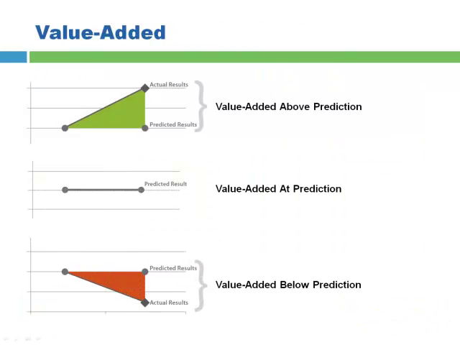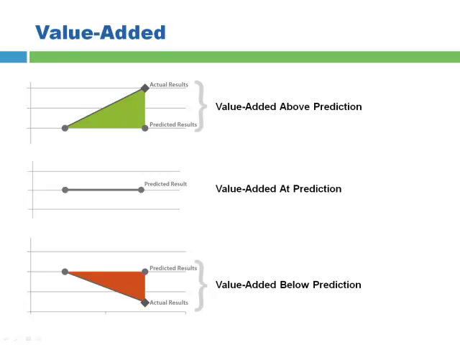The figures you see are conceptual interpretations of using predictions on an individual student basis. In this example, on the top of the screen, these students have outperformed their predicted results. We call that a positive value-added result, or a result above the district average.